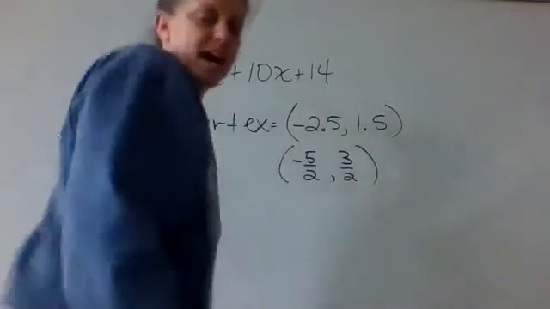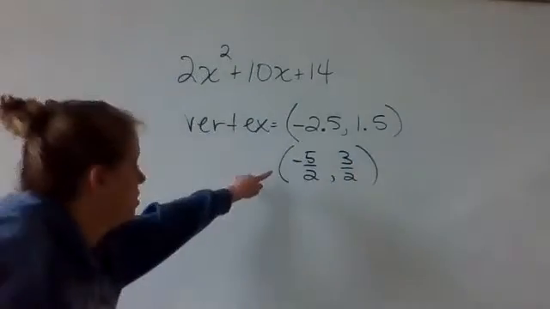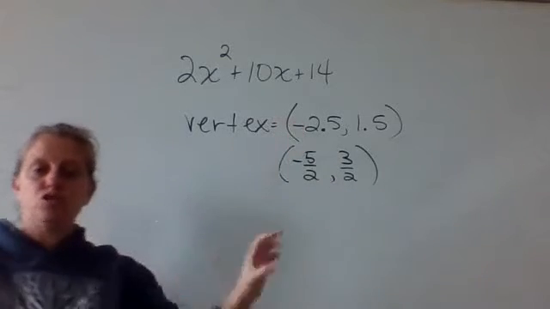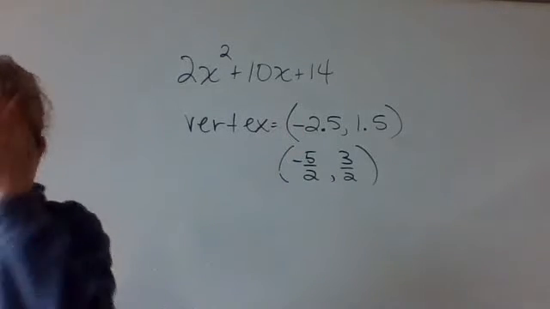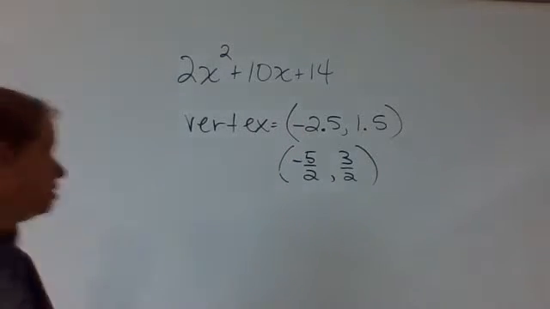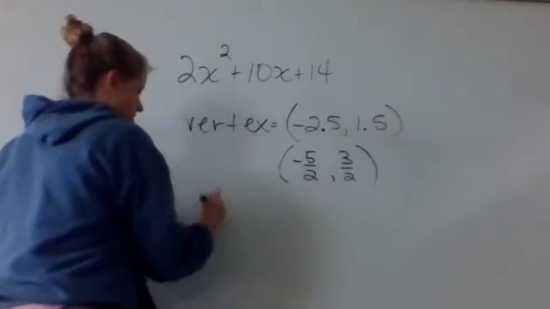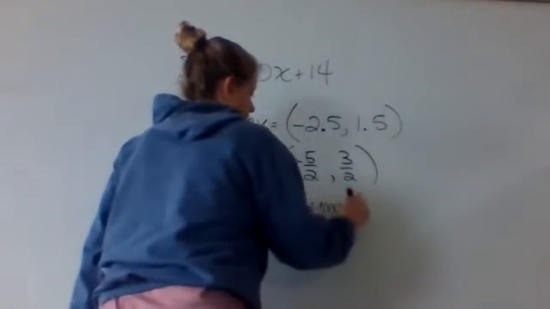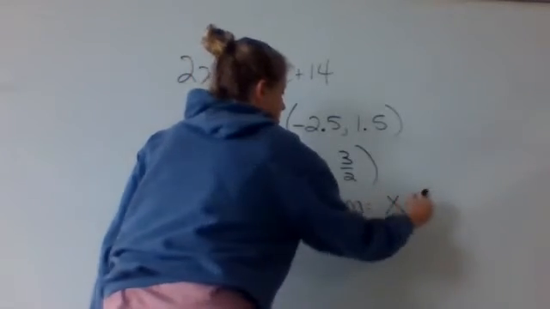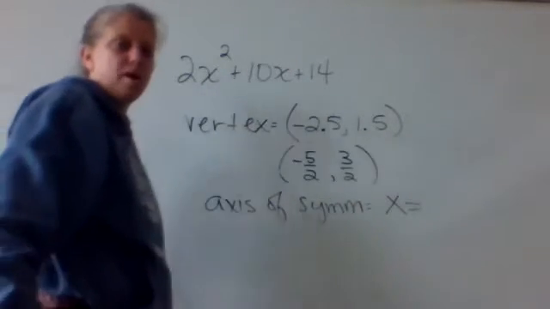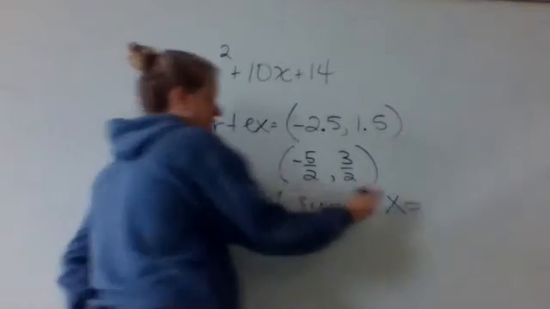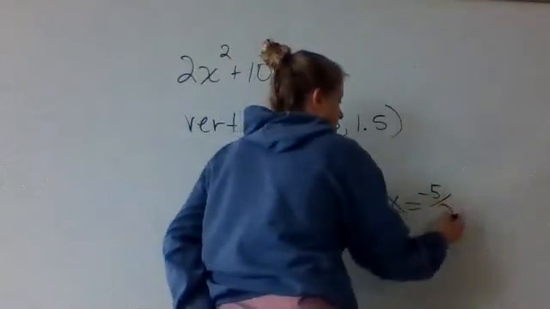So there's your vertex. This is how they're going to want you to enter it in MathLab, but then you'll go back to this when you do your graphing part of it. So once you get your vertex, remember, your axis of symmetry is always x equals whatever the x coordinate is, which would be negative 5 halves.